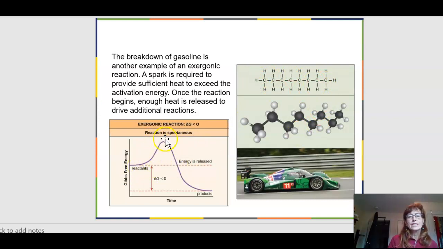And therefore this activation energy barrier is reduced, and then the products are formed, which would be just carbon dioxide, carbon monoxide, and water, the byproducts of combustion.